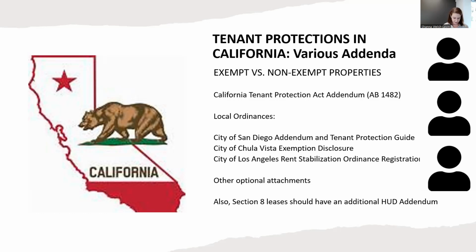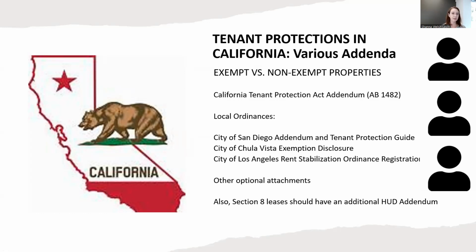And then we've got lots of other optional attachments: pet addenda, guarantees for people who are guaranteeing a lease, lockbox addendum if you ever intend to put a lockbox on the property. Realtors like to make sure we have our fair housing disclosure on our lease. Section 8 leases should always have the additional HUD addendum.